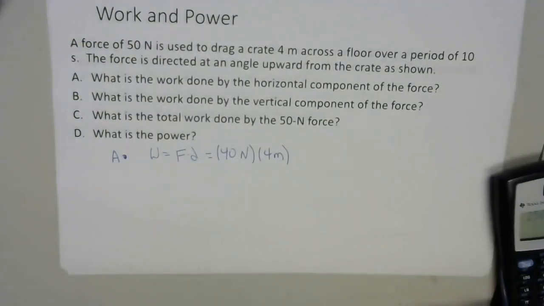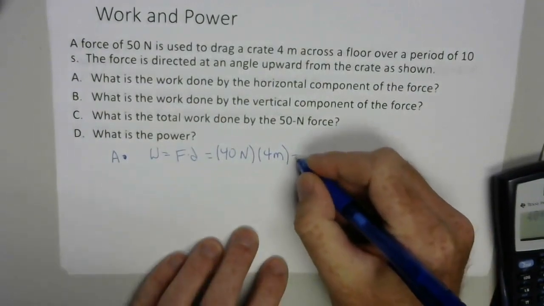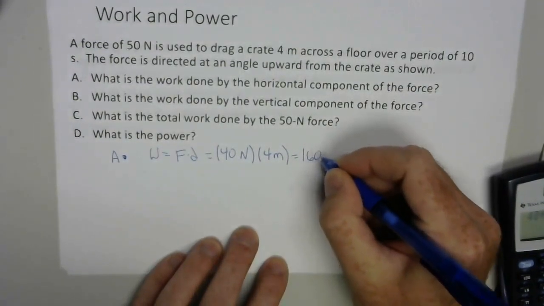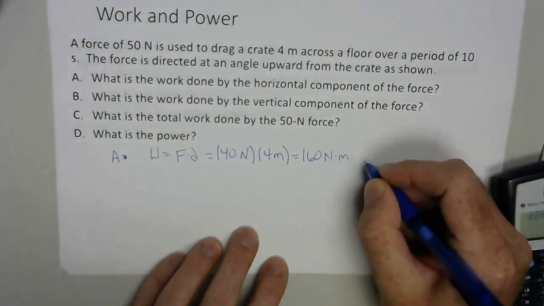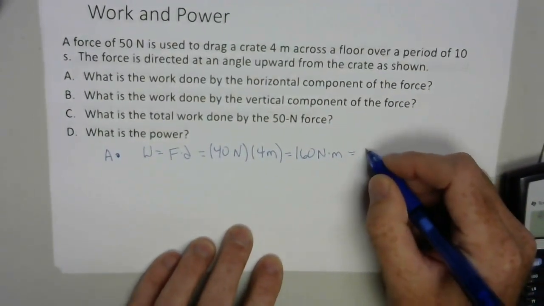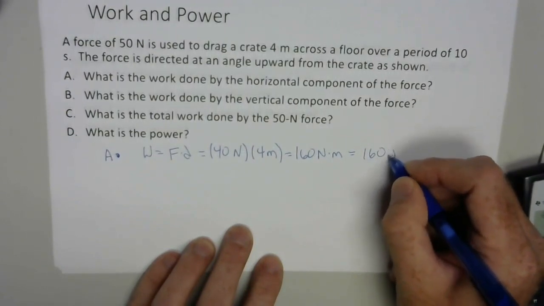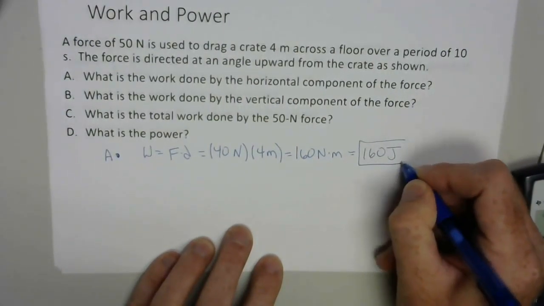So we take 40 and multiply it by 4, you get 160 newtons times meters, and a newton meter is a joule, so 160 joules of energy.